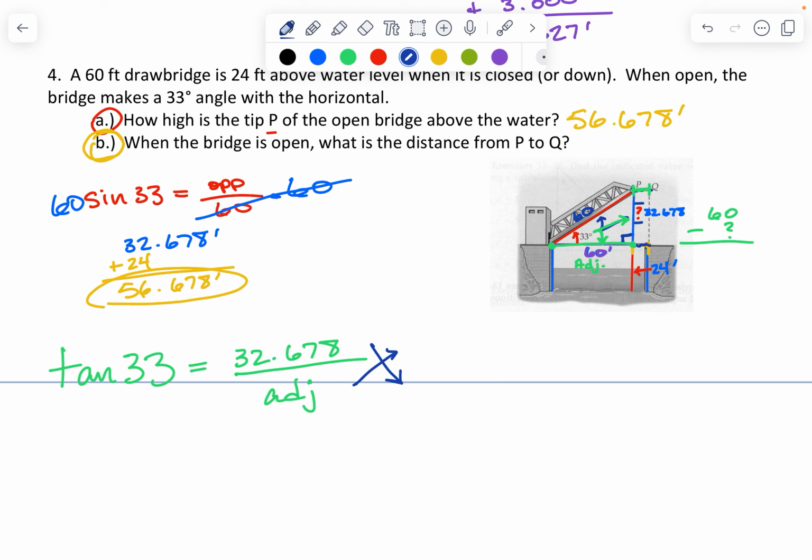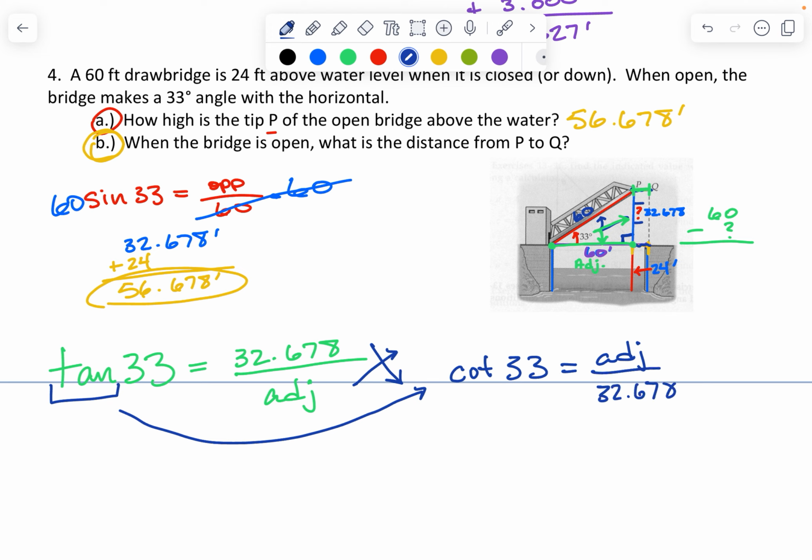And I can flip it by using the reciprocal of tangent. So I can use cotangent of 33, and then I've got the adjacent over 32.678. And you're asking, why would you want to do that? It's because I want to multiply this denominator out of there, get it over to the other side, and then I can put this in my calculator.